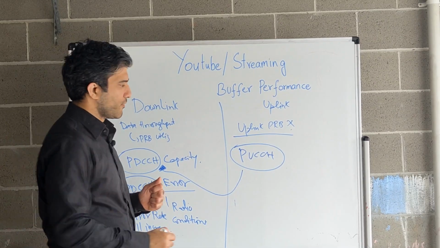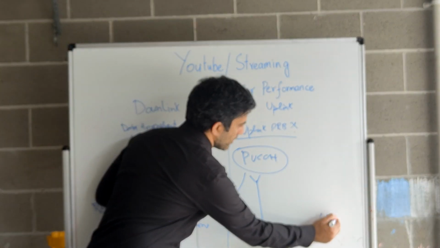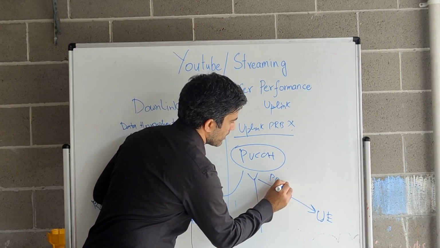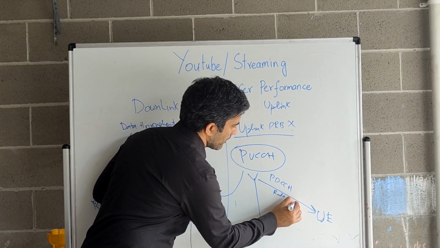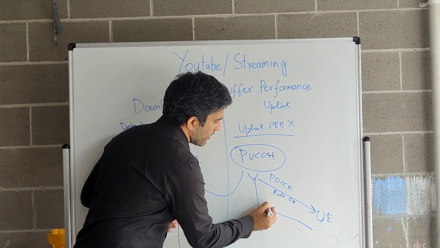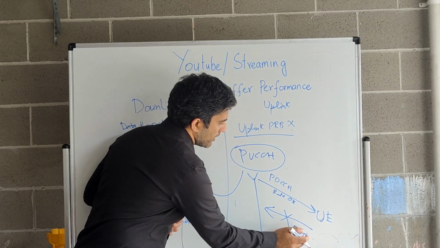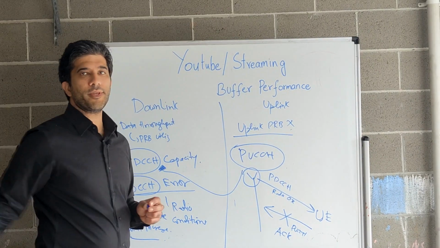So, for example, this is your base station, this is your UE. We are sending out the PDCCH and this radio link is okay. However, the uplink is weak and we are unable to send the acknowledgement back to the eNodeB.